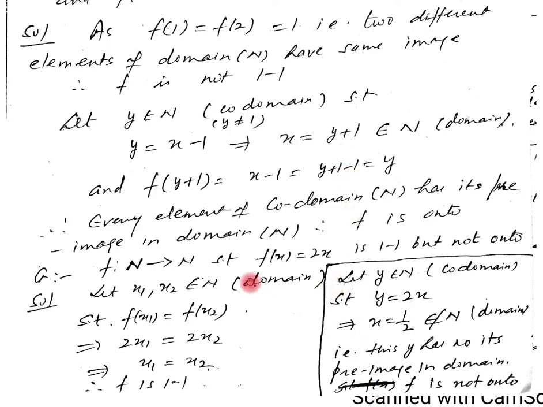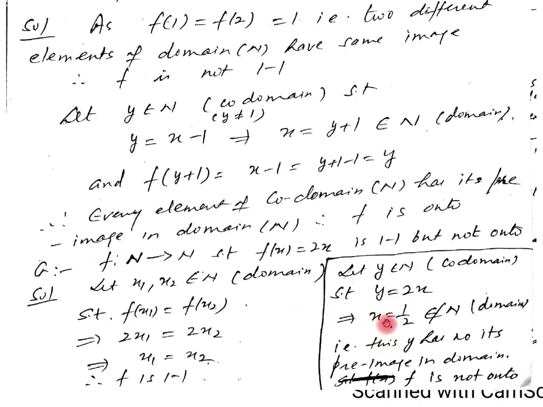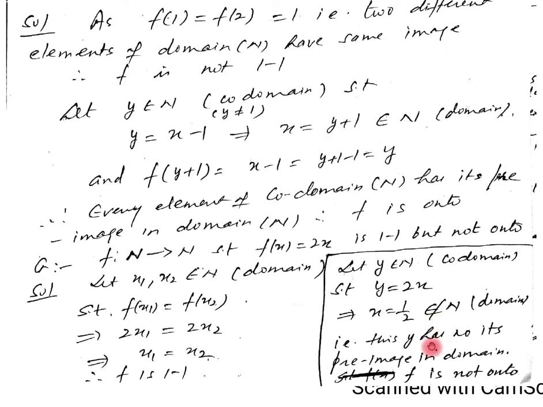Let y belonging to N, from the codomain, be any arbitrary element such that y equal to 2x. Then x can be written in terms of y as y by 2. And y by 2 does not belong to N. Therefore, it does not have any preimage in the domain.